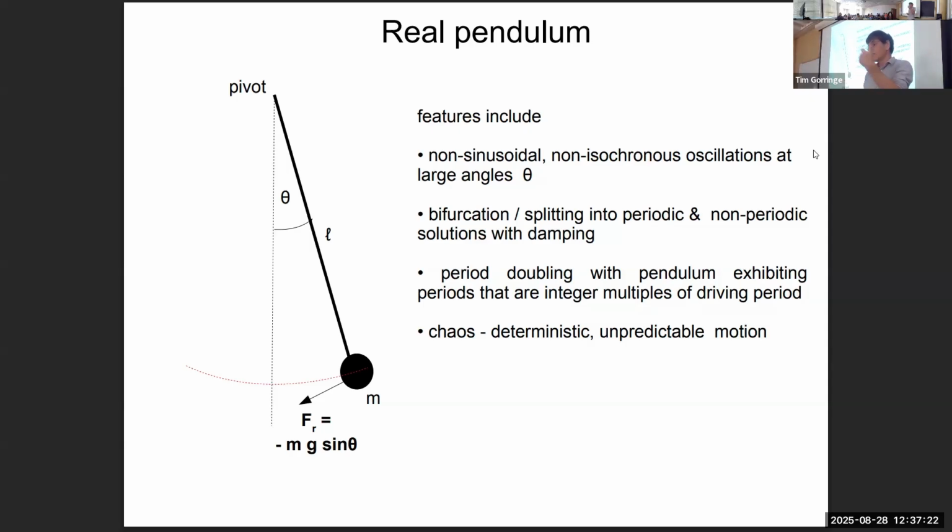It's more complex than just a sine wave or a cosine wave. And secondly, it's not isochronous. So its period now depends on the amplitude. Those are two features that emerge for a real pendulum, unlike a simple pendulum, and we'll be able to explore that computationally, numerically. So that'd be kind of interesting.